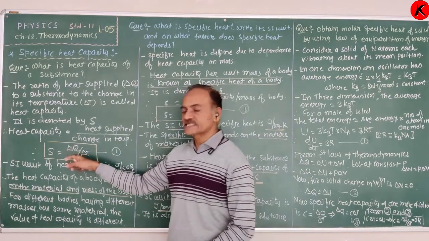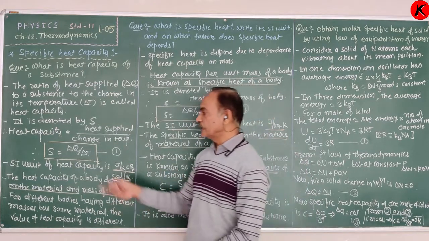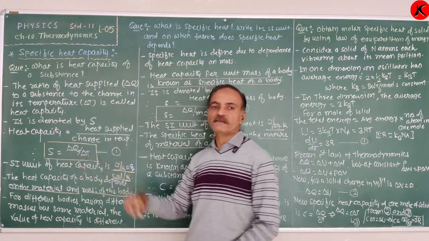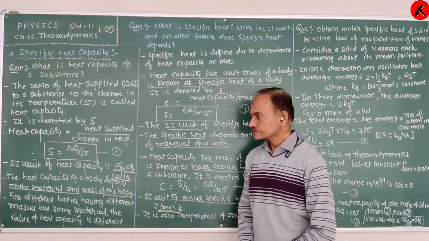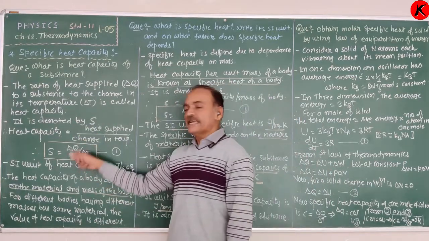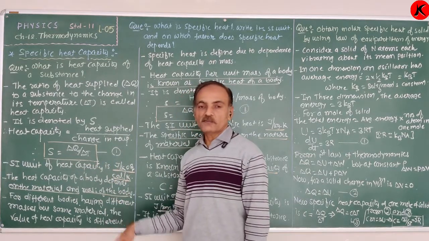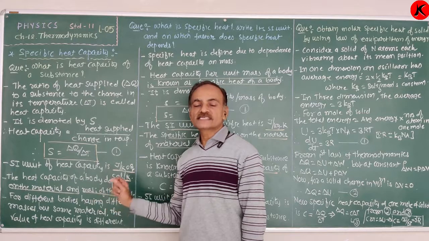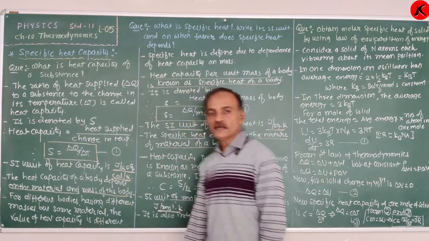Therefore, capital S is equal to delta Q upon delta T. SI unit is joule per Kelvin or calorie per Kelvin. The heat capacity of a body depends on the mass of the body and nature of the material of a body.